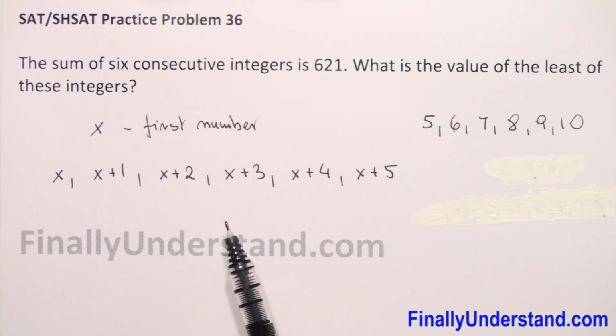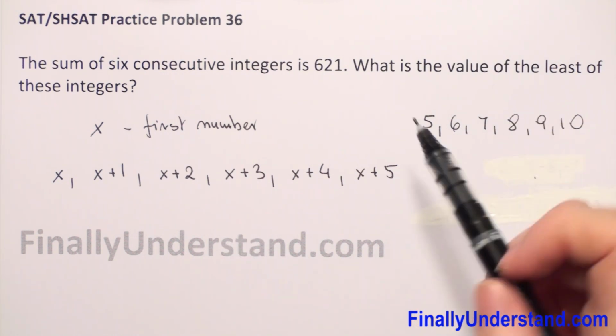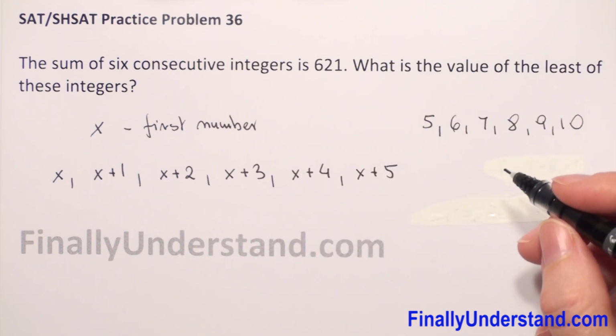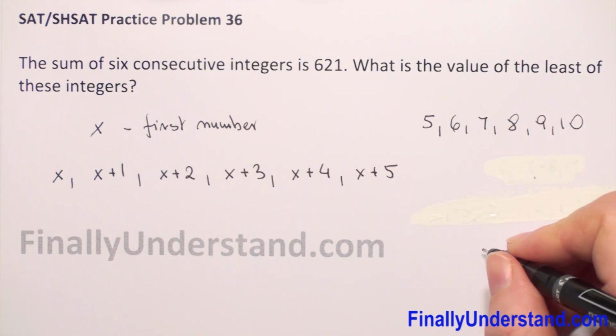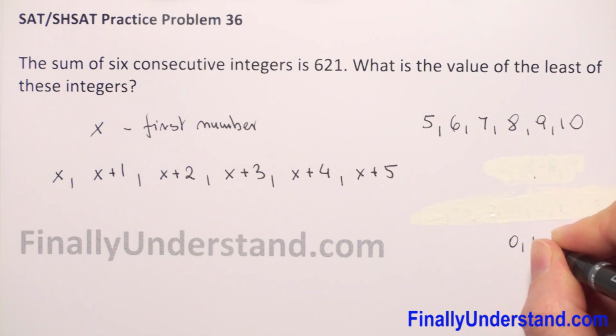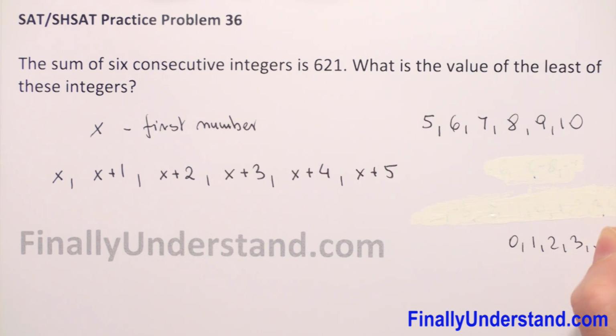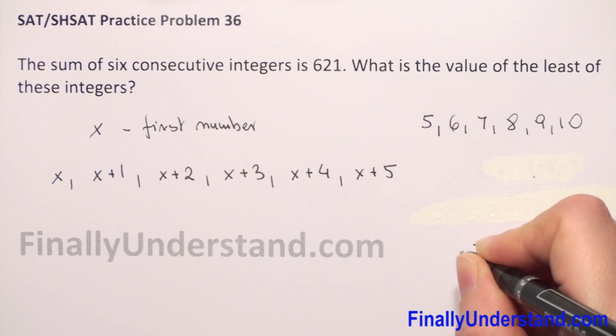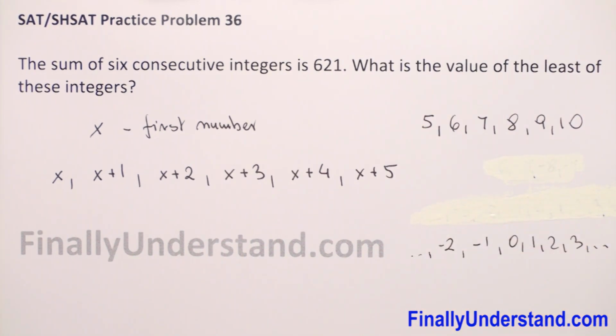consecutive integers. Let me remind you what integers mean. Integers are numbers, for example, 0, 1, 2, 3, and so on. And we can write -1, -2, and so on. And we have here 6 consecutive integers.